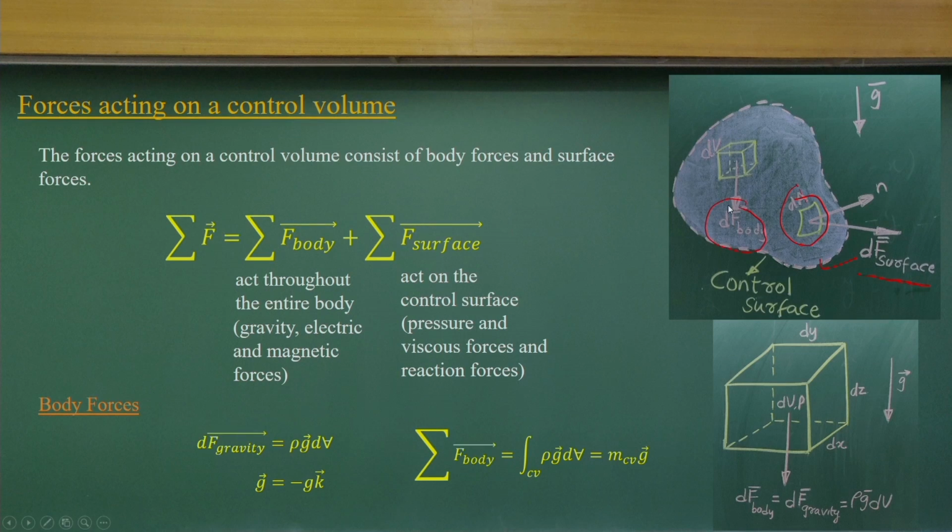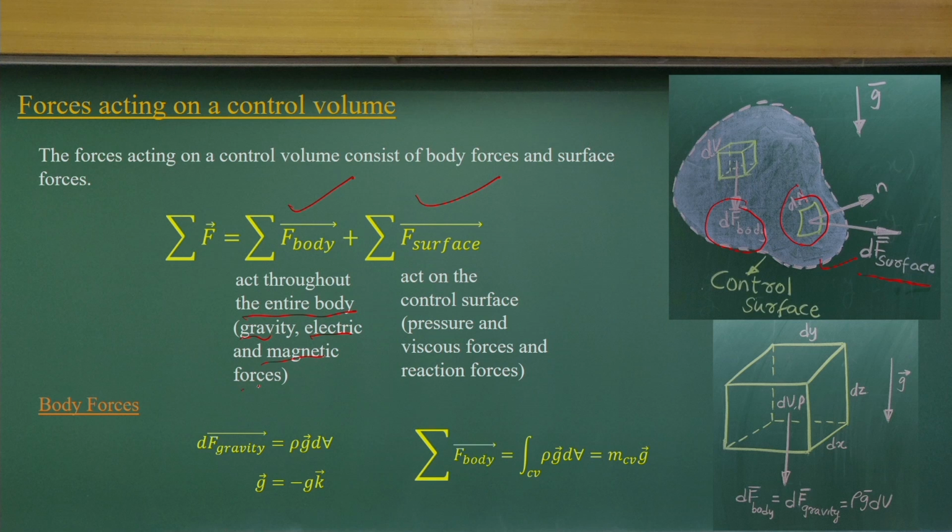And along the surface, the force acting is the surface force. So, you have two force components for a control volume: one is the body force, another is the surface force. The body force acts on the entire body, and the one most often used is gravity.